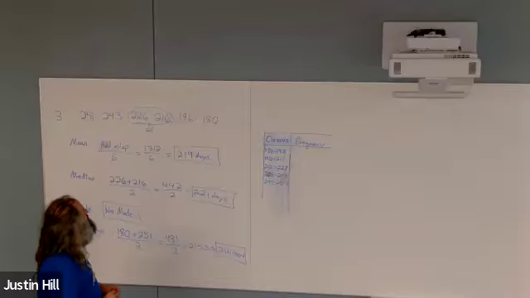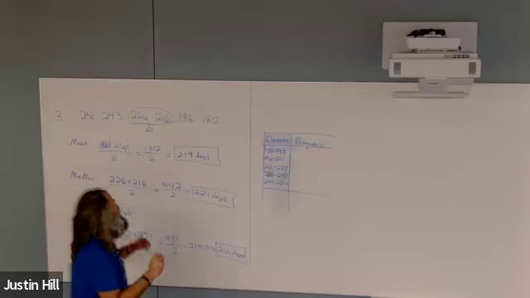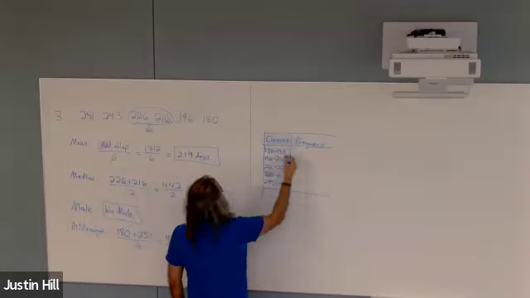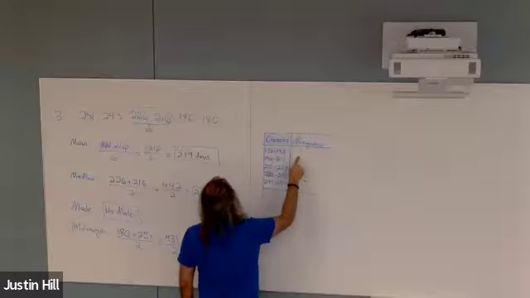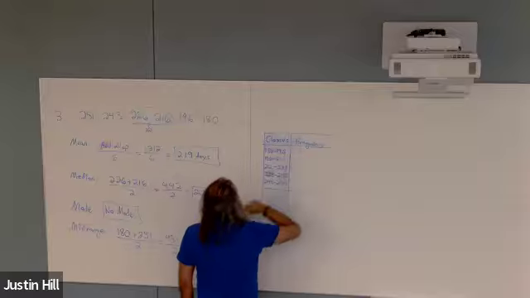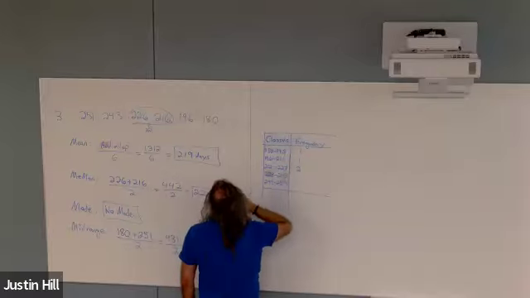If I then do my frequency, you can just do it with me as I'm doing it on the board. This is easy enough. There's just 6 of these. So there is 1 between 180 and 195. There's 1 between 196 and 211. There's 2 between 212 and 227.